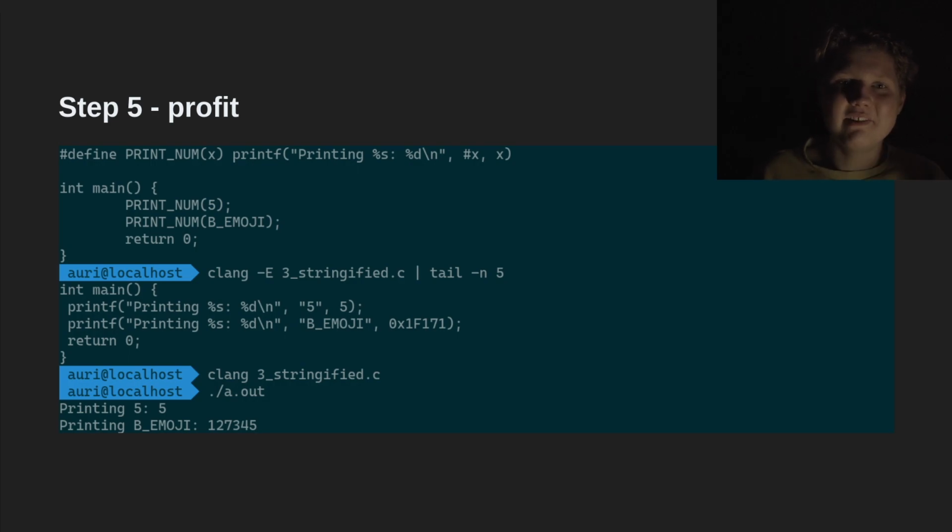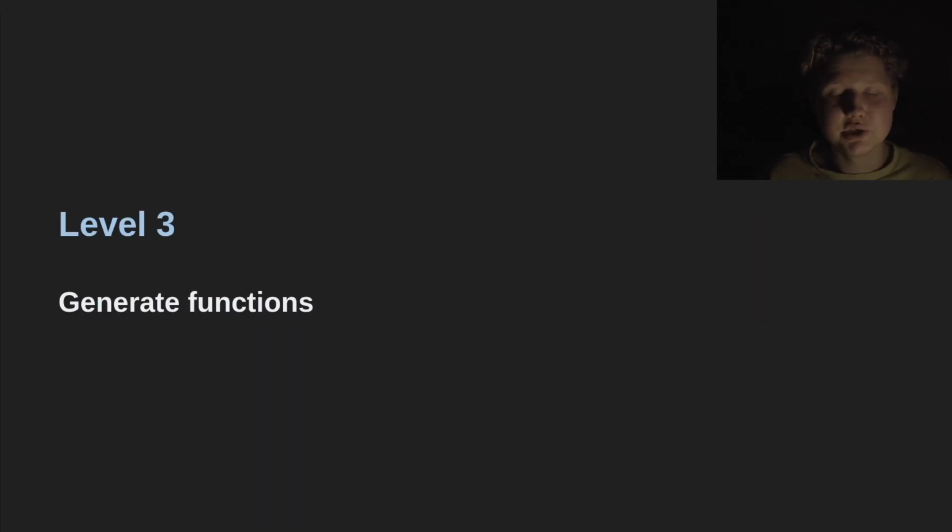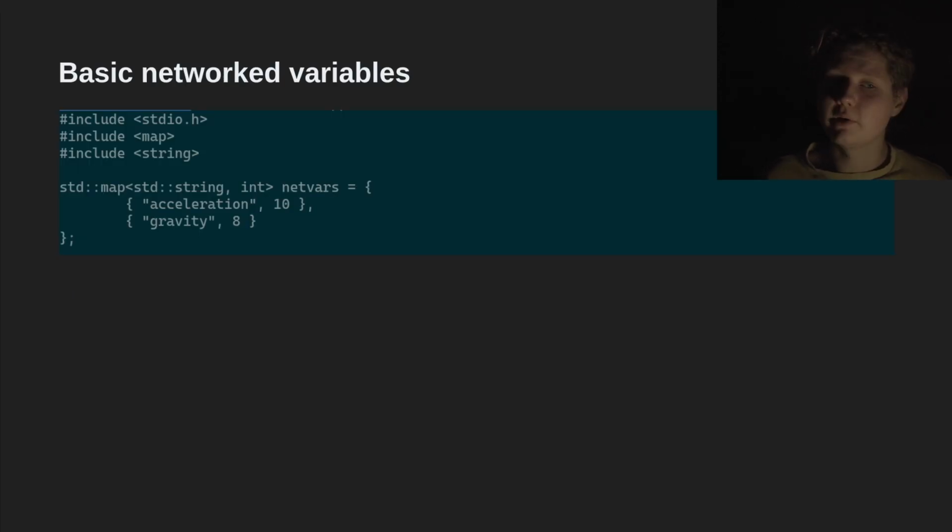But we can do even more things, and that would be generating functions. This comes in very handy in game hacking. This example is very much about game hacking. You've got network variables, for instance, in Source Engine. They're called netvars, and they're usually on individual objects, but right here it's a global map.